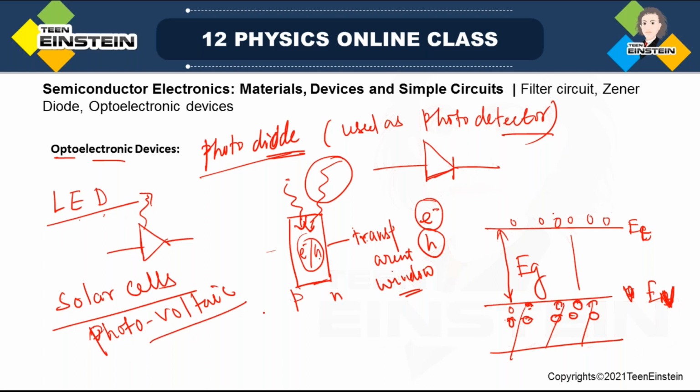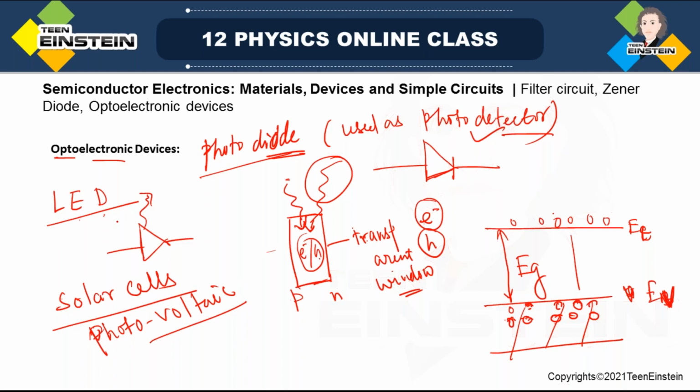So diodes are used to make certain optoelectronic devices. In the case of a photodiode, if you shine the diode with light, it will give some current, which helps you detect optical signals.